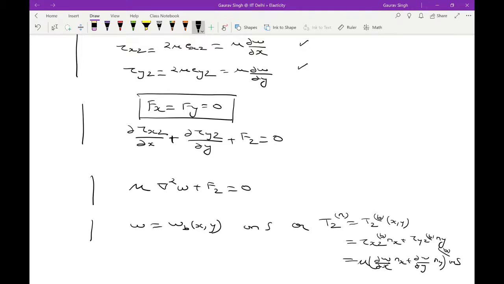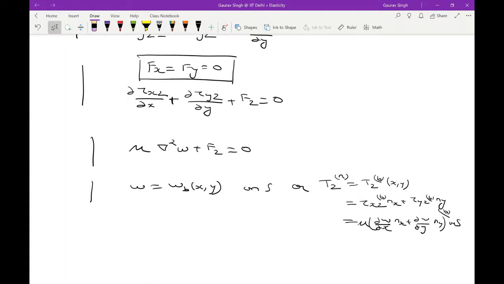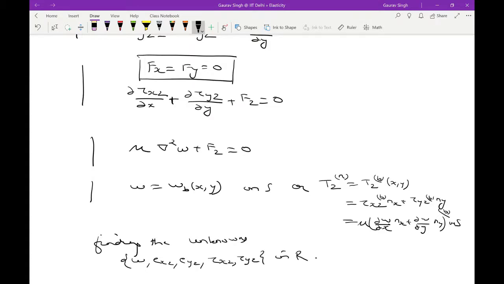So what does the boundary value problem involve? It involves us finding the unknowns w, e_xz, e_yz, tau_xz, and tau_yz.